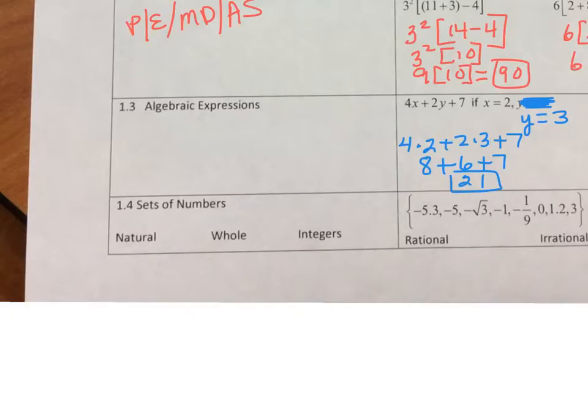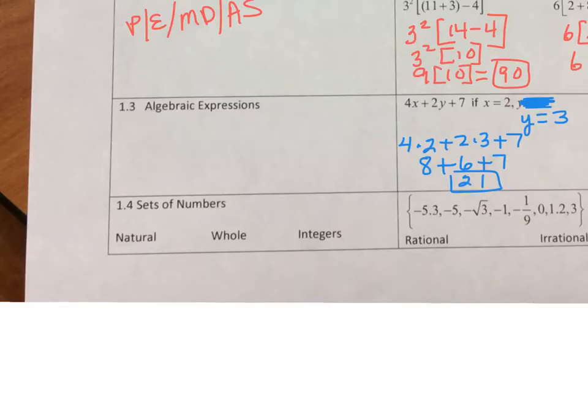So 4 times 2 is 8. 2 times 3 is 6 plus 7. And then you add, subtract from left to right. How about 21, class? All right.